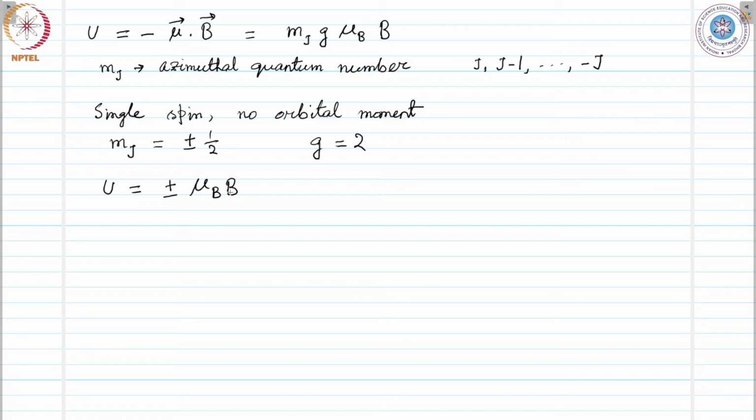That means, when we apply a magnetic field, the earlier degenerate states would now get split in energy. Now we will have two levels, one with minus mu and this one with plus mu magnetic moments, with the separation in energy as twice the Bohr magneton times the magnetic field. This much is the separation in energy.